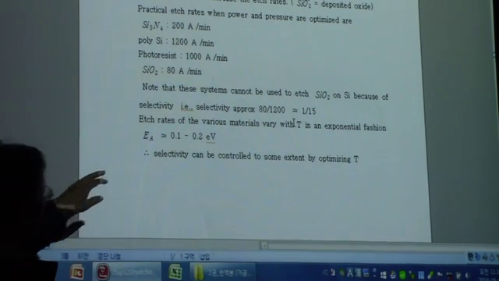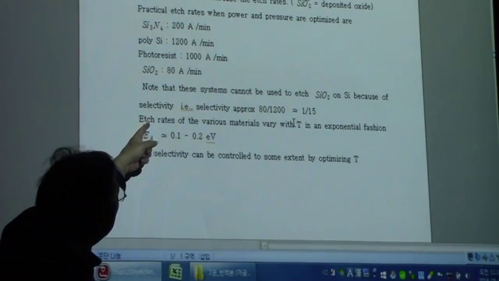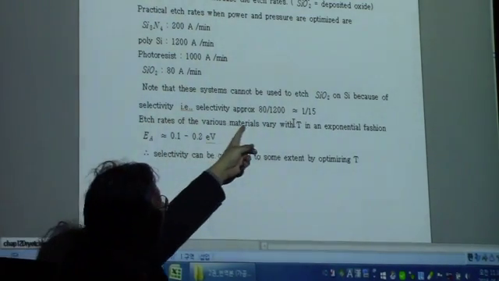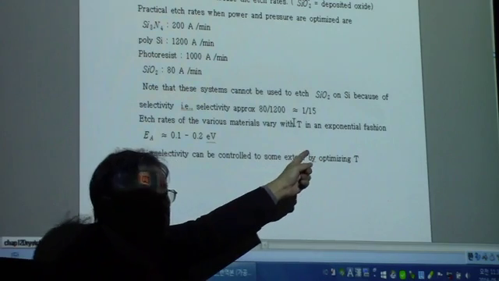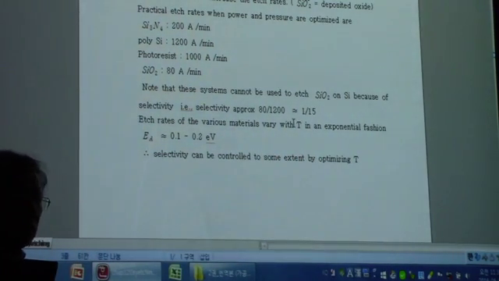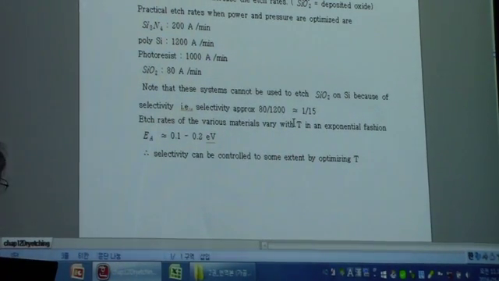But as you can see in this case, the selectivity is 1 to 15. Then we have to stop etching the silicon oxide at the exact time. Otherwise, the substrate, the silicon, is going to be etched much faster than the silicon oxide.